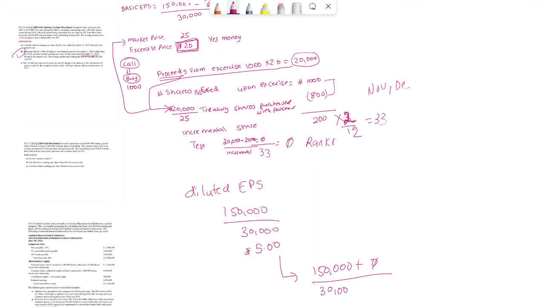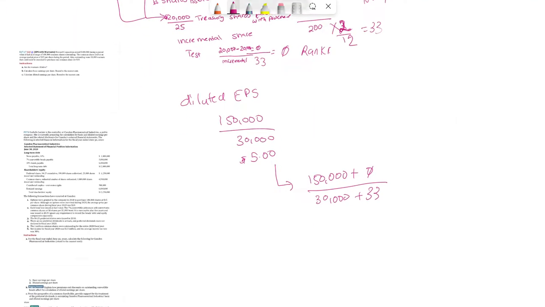We started with the 30,000 common shares, and we could convert 33 more shares, and that will give me $4.99. So that is called diluted earning per share, because it makes my earning per share go down. Anything that makes your earning per share go down is called diluted. If it makes your earning per share go up, it will be anti-dilutive.